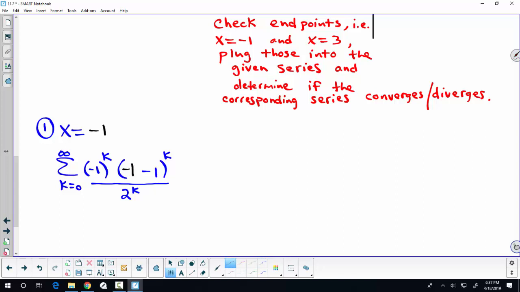So we plug negative 1 in for x and determine whether that particular series converges or diverges. What do you think?